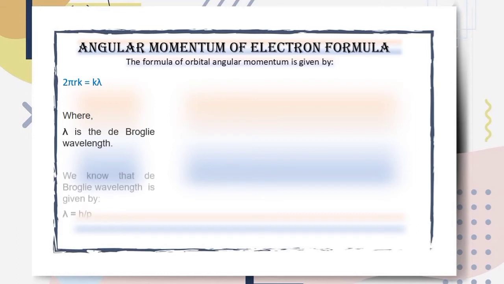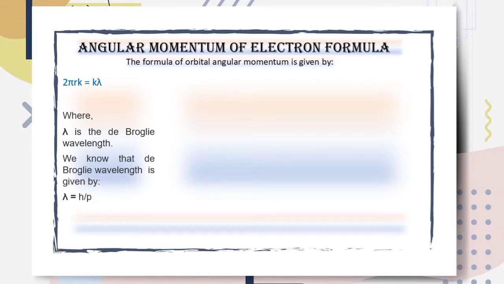The formula is 2πrk = kλ, where λ is the de Broglie wavelength.